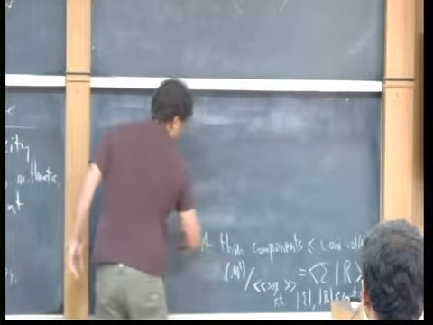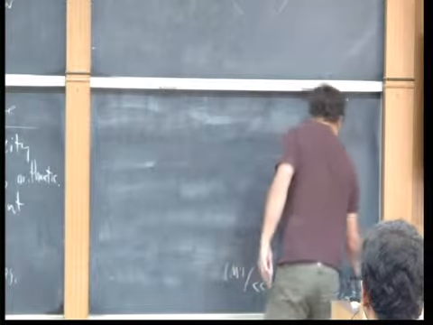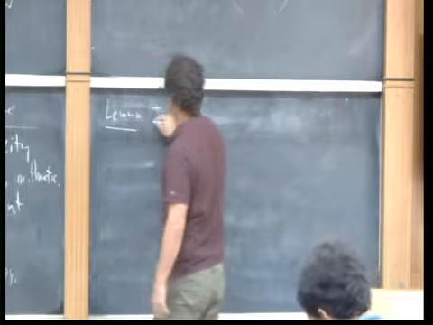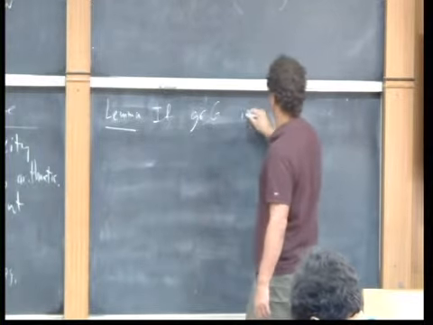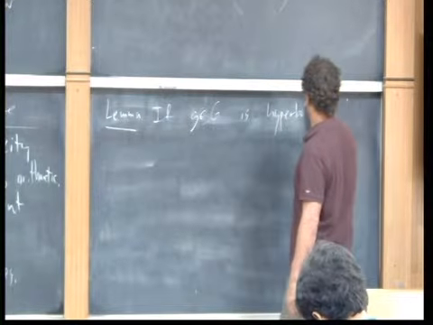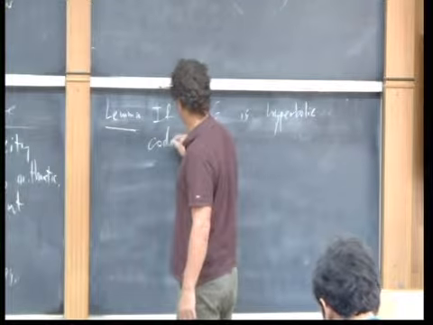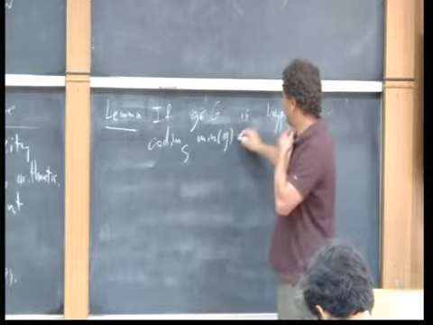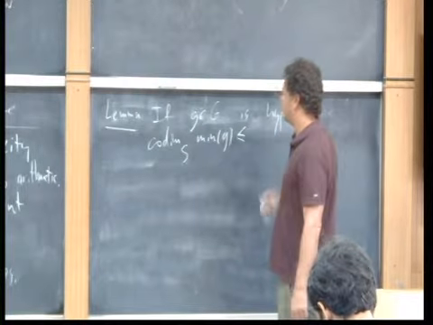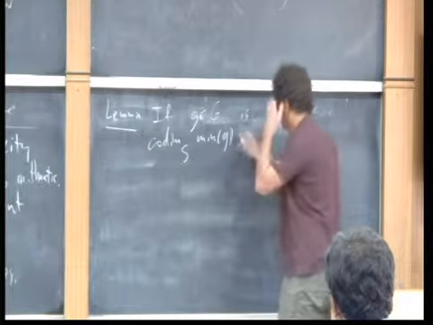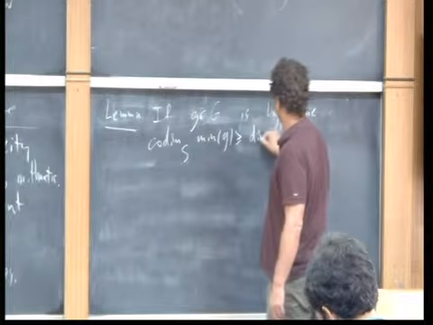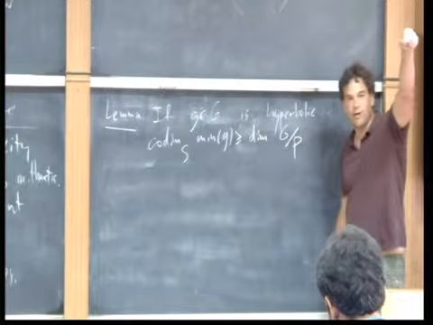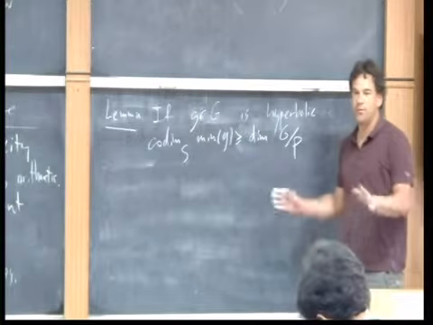I proved the following lemma: if G is hyperbolic, I proved that the codimension inside S of the set of x's is at least the dimension of G mod P, where P is a parabolic subgroup corresponding to the point at infinity, the end of the axis. So I proved it.